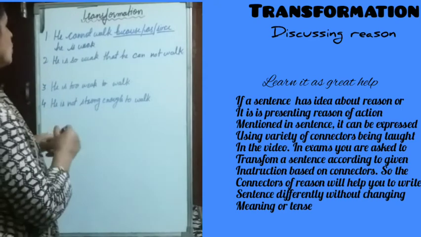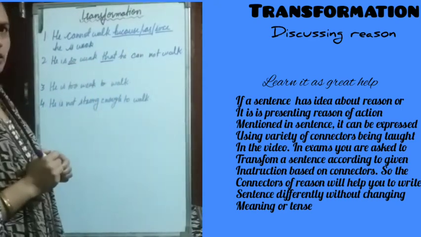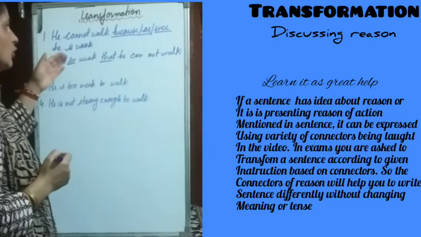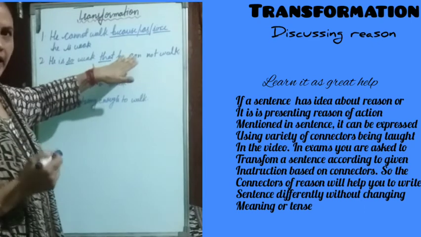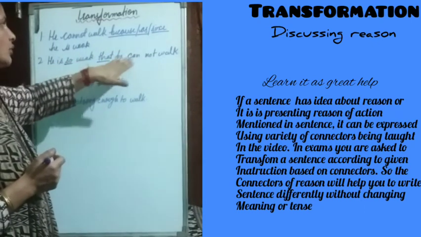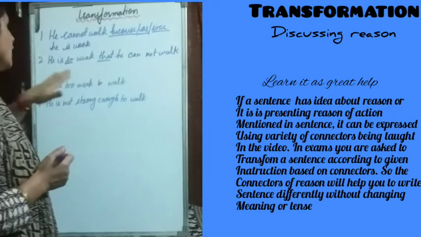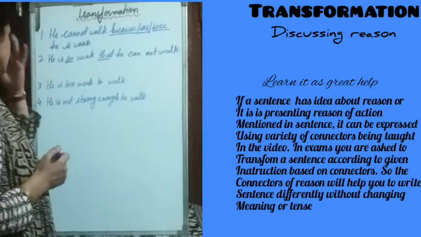He is so weak that he cannot walk. We all know that after so that we use can or could. As present tense is there, we have used can here. So it is expressing the idea of reason.